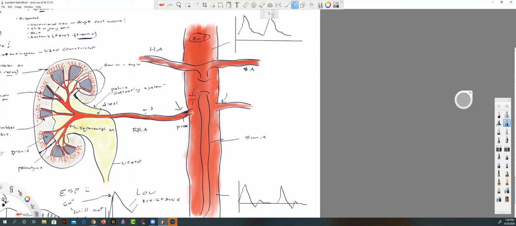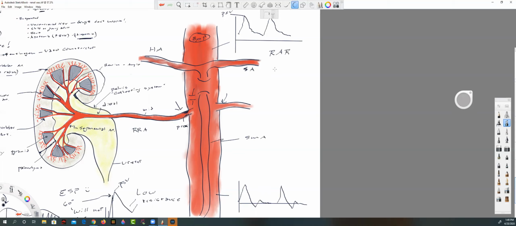And of course, we're measuring peak systolic velocity there. And over here, if I drop down to here, peak systolic velocity. And what we're going to do is find, I guess I'll put it here, the renal aortic ratio.